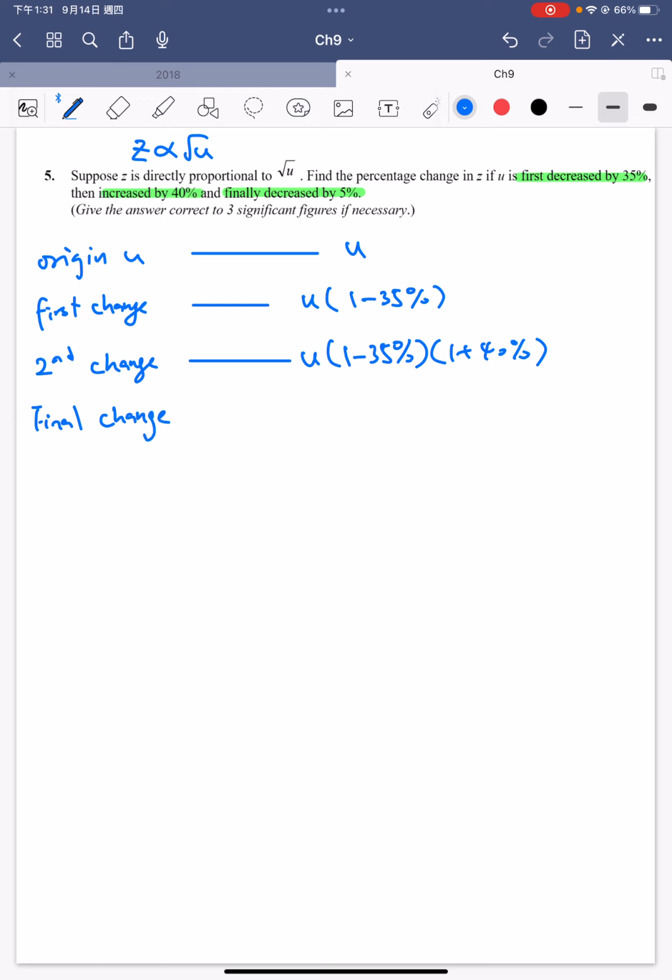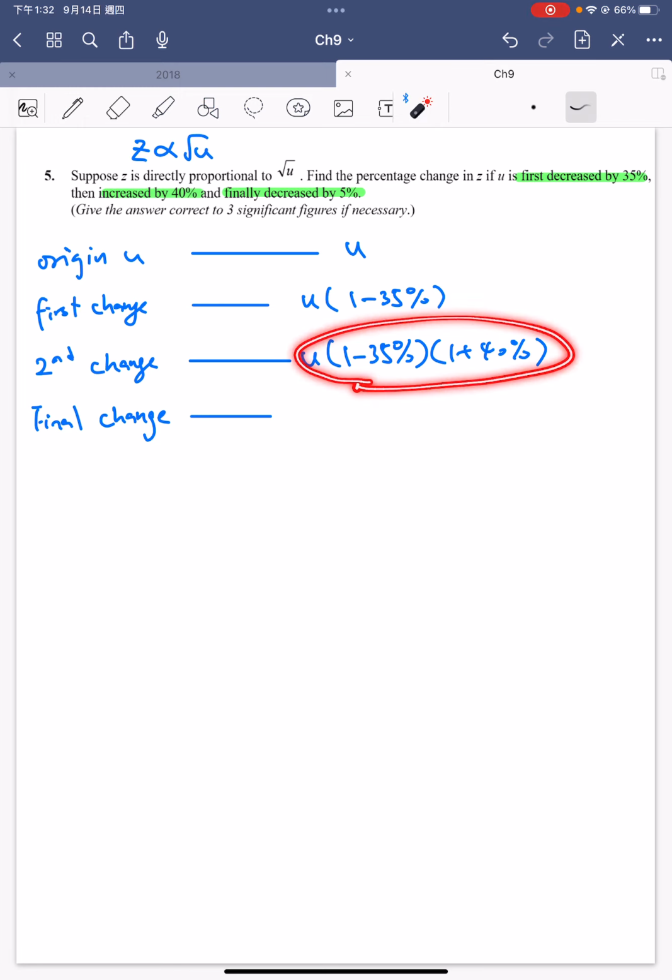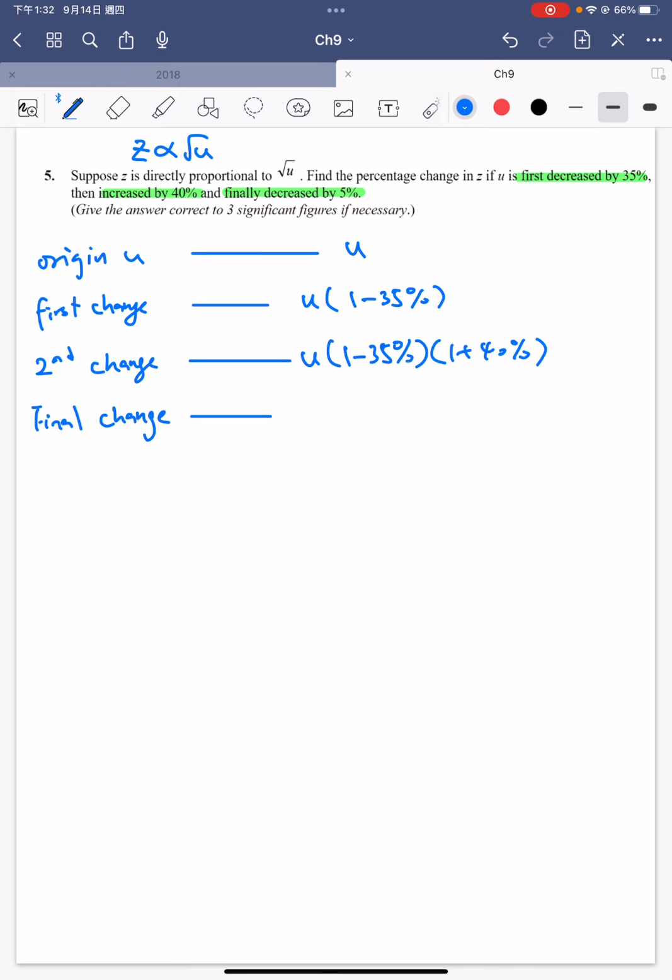For the next one, we have our final change. Our final change is based on the second change, and it's decreased by 5%. We're using this value and then decreasing it by 5%.